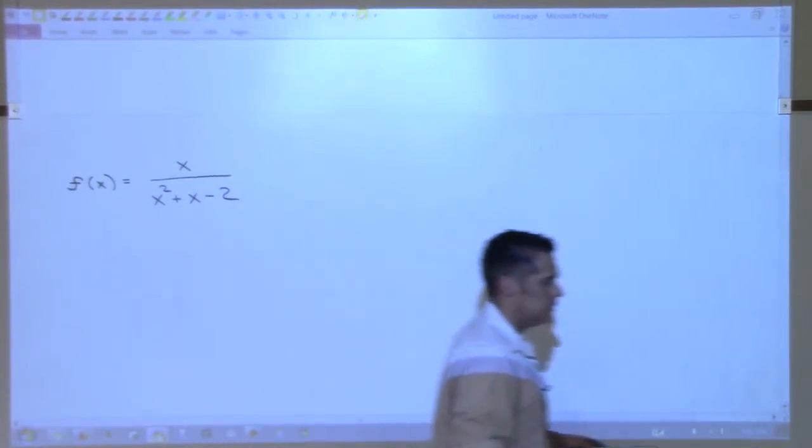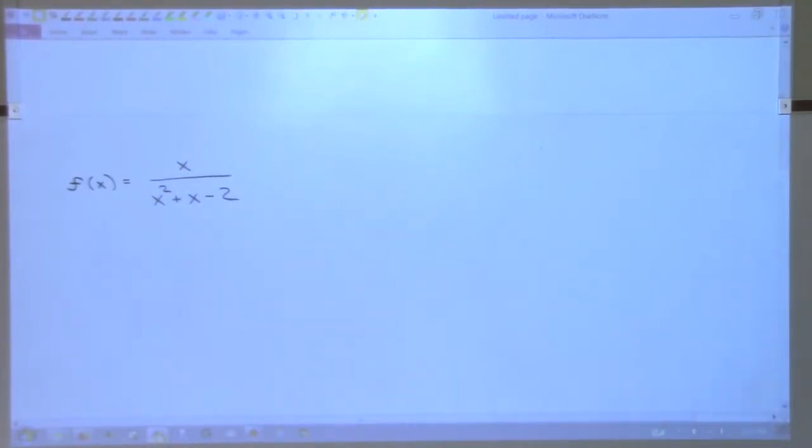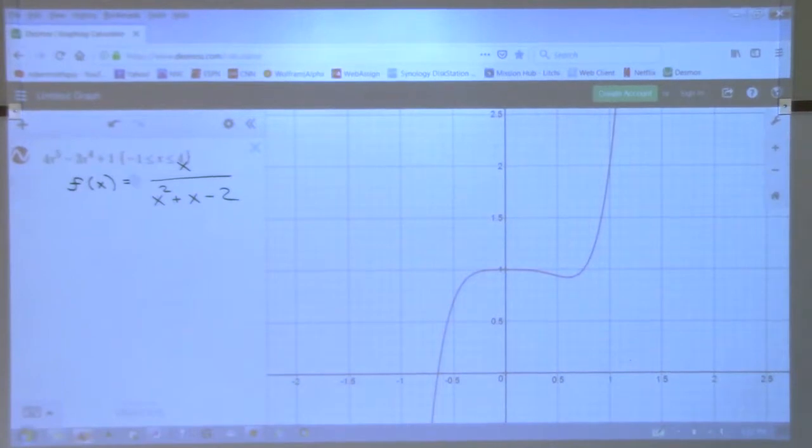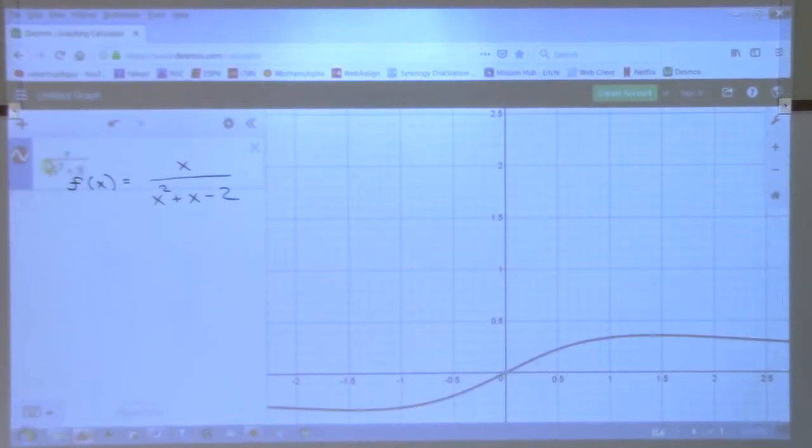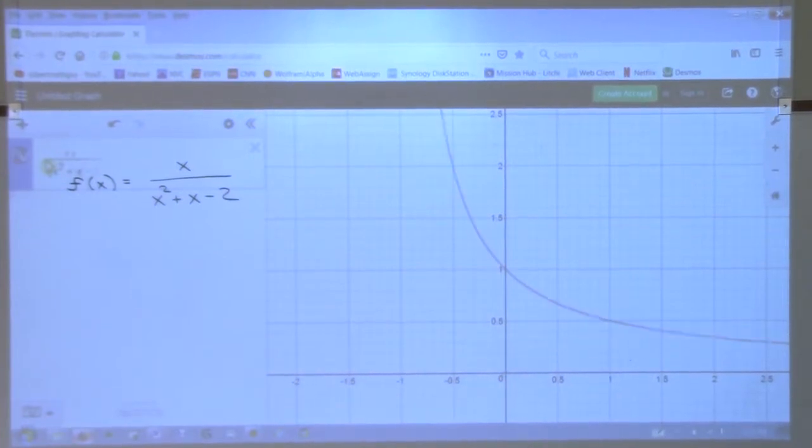Okay. There's our function. Let's look at it first, okay? Let's actually take a look at the function first before we go about trying to graph it.